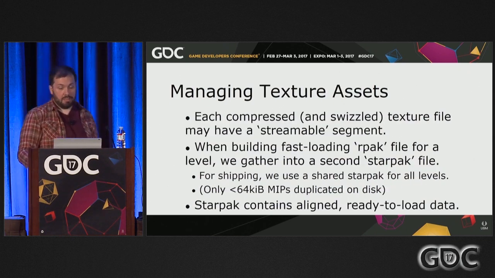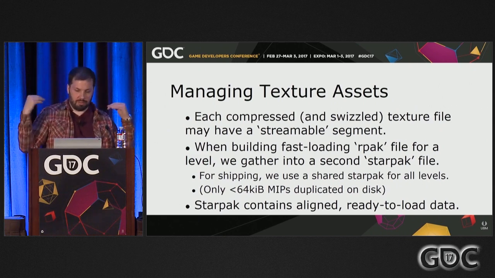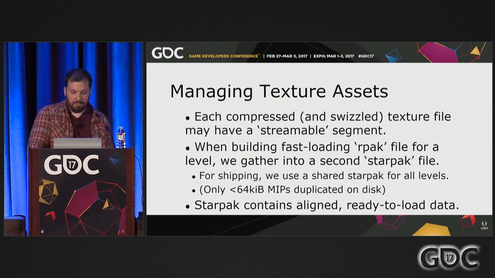As far as how texture assets are managed, we have a pipeline that generates a single file per texture asset, which is then compressed and swizzled if necessary. And as part of our level RPAC process, which is how we load, we bundle everything into a big file that we can just blast into the RAM from disk.